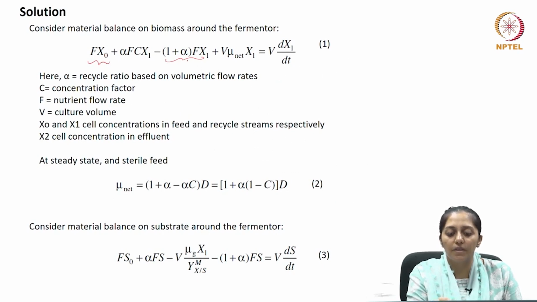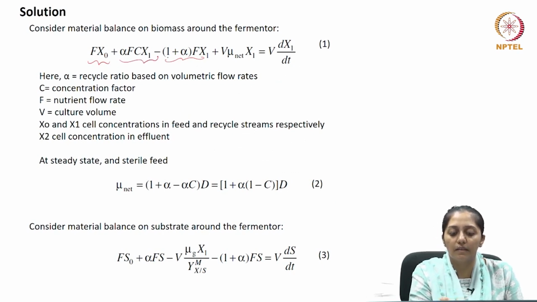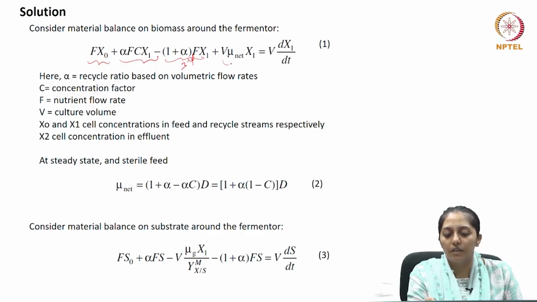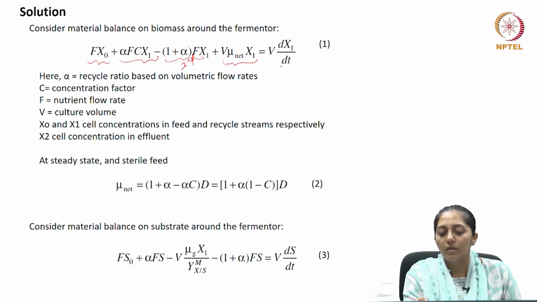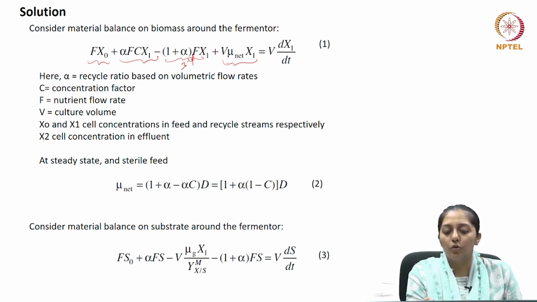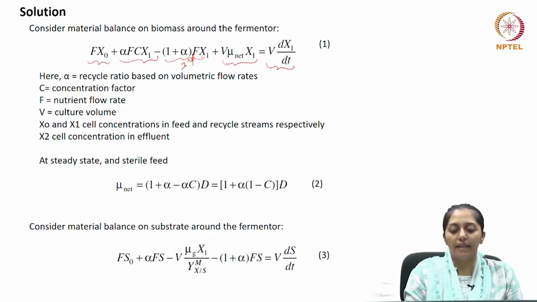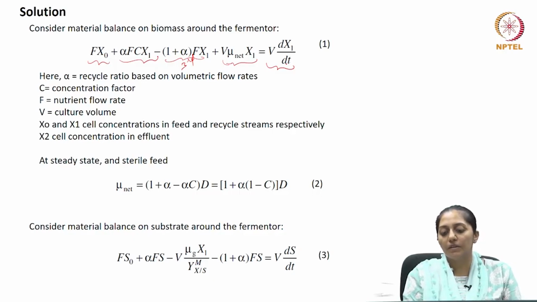This is the rate at which the biomass is leaving the reactor, the third term, and the fourth term is the rate at which the biomass is getting formed inside the reactor. The net of all these terms is the rate at which the biomass accumulates inside the reactor, denoted as dX1 by dt.